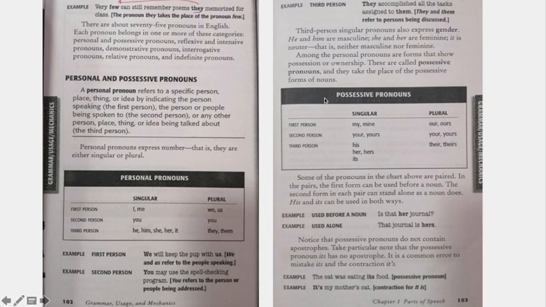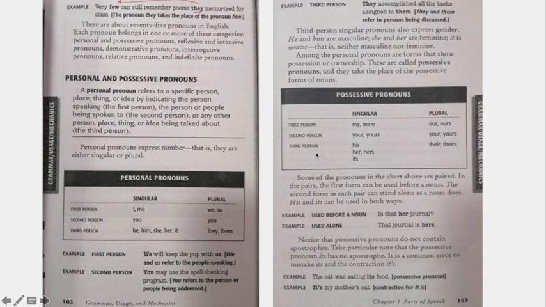Examples would be, for first person, possessive in singular form, we have my or mine. And then the plural form, we have our and ours. For second person, we have your and yours. And then again, it is still the same when we pluralize them, so we have your and yours.